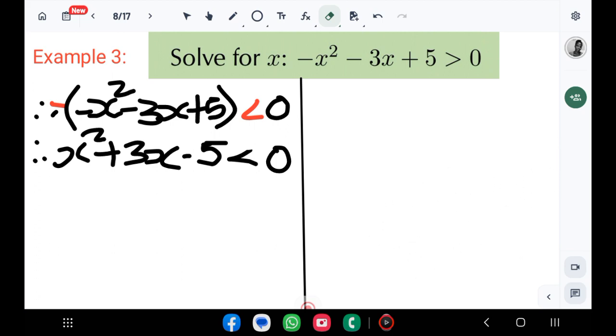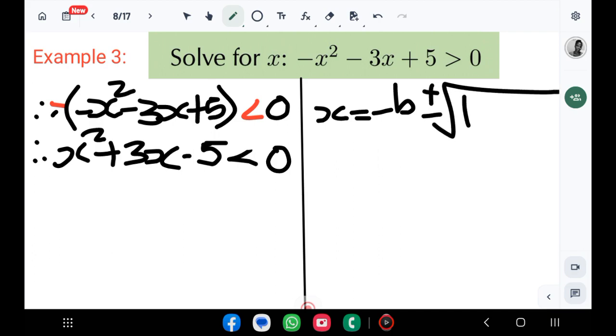So what we do is we use the formula. You check this into the formula and find out what the root will be, and then take it back to the factors. The formula says x equals minus b plus or minus the square root of b squared minus 4ac, all over 2a.